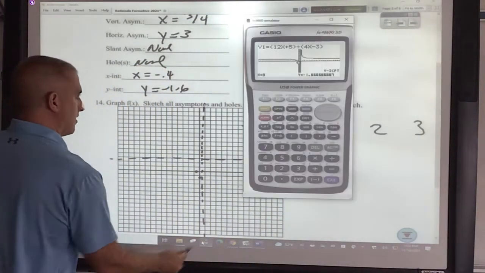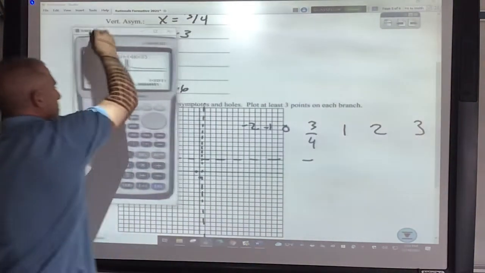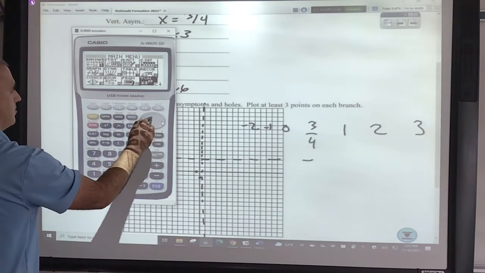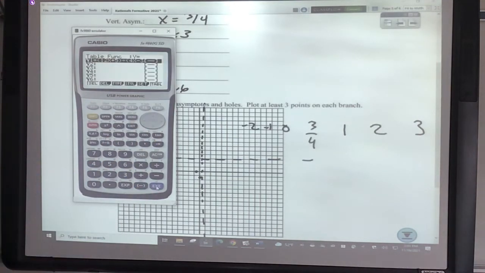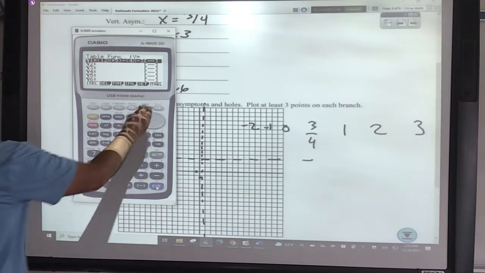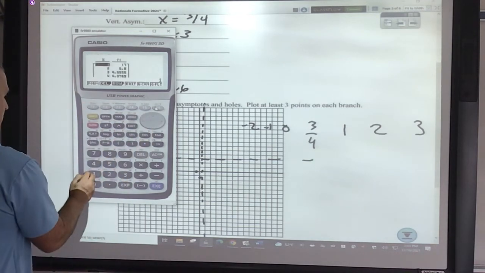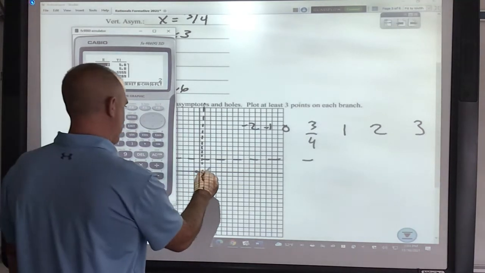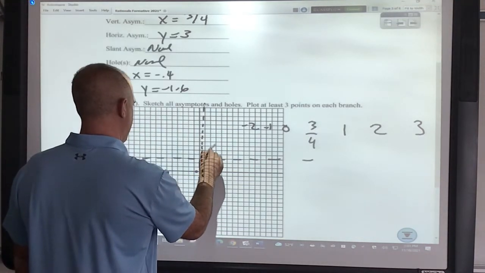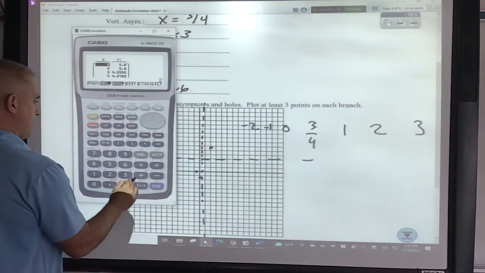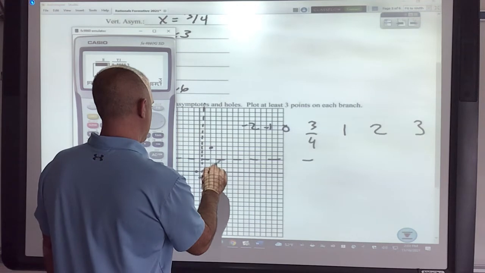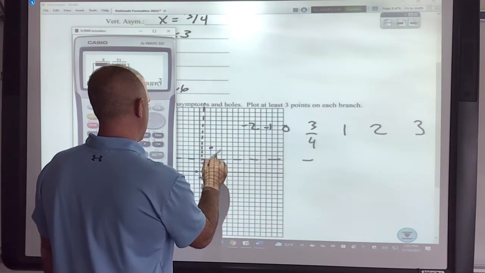So let's go to the table. Menu and table. At 1, I'm at 17, that's way off the chart. 2, I'm at 5.8. 1, 2, 3, 4, 5, and a bit. 3, I'm at 4.5. 1, 2, 3, 4, a little bit.